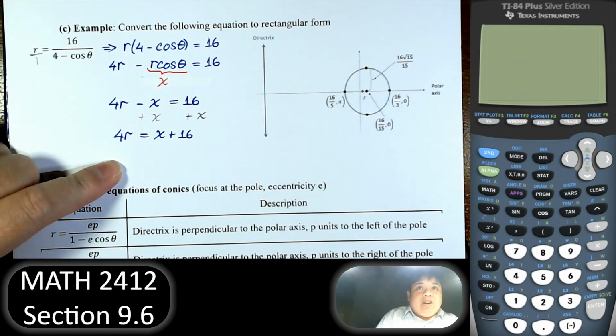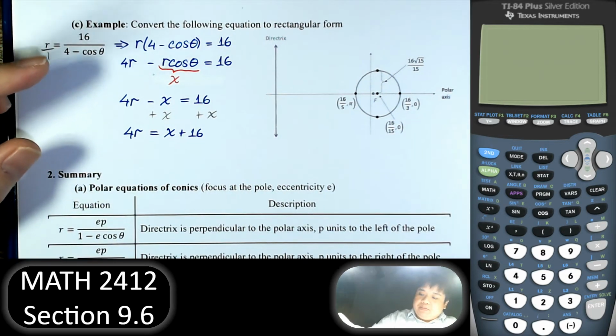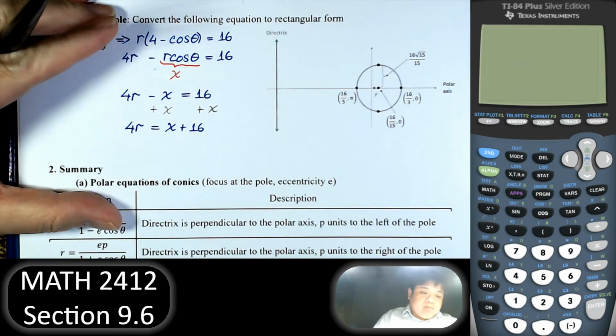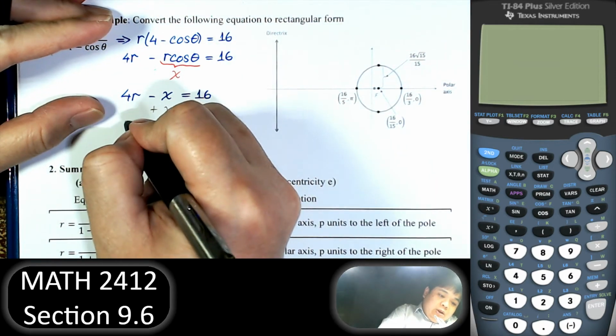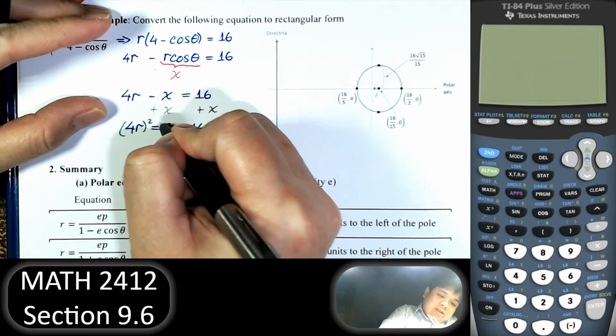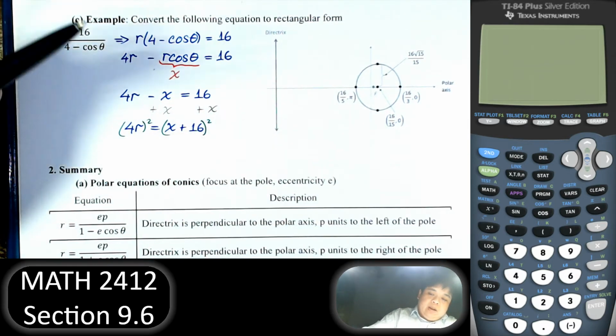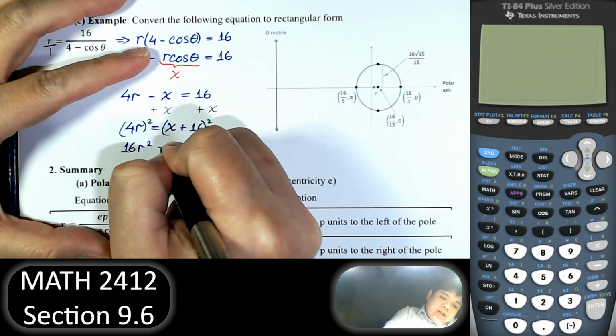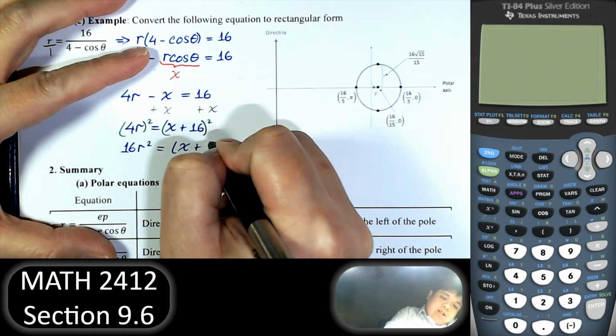Right? It's good there. Next, I'm going to move the x to the other side. And when we have r like that, we can square both sides. We don't want to square cosine or sine. So if we square both sides now, we have 16r squared equal to (x plus 16) squared.